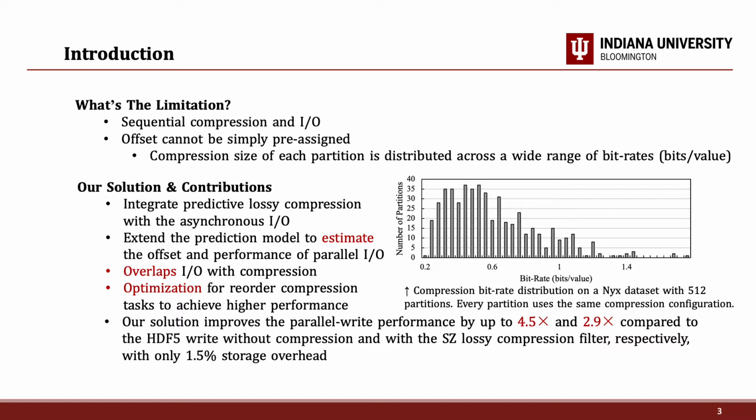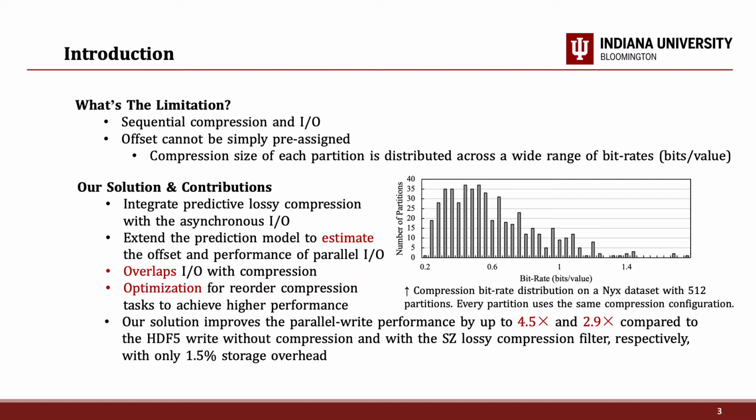So in this research, our solution is to integrate predictive lossy compression with asynchronous I/O. To do that, we first extend the prediction model to not only estimate the offset, but also the performance of parallel I/O. Then, using that information and our specific design, we overlap the I/O with the compression.